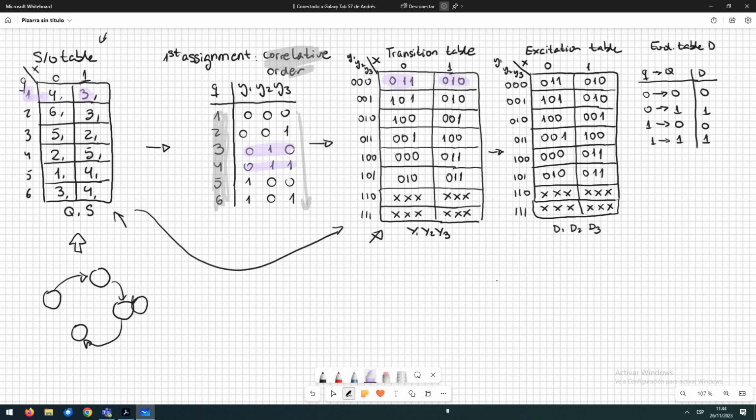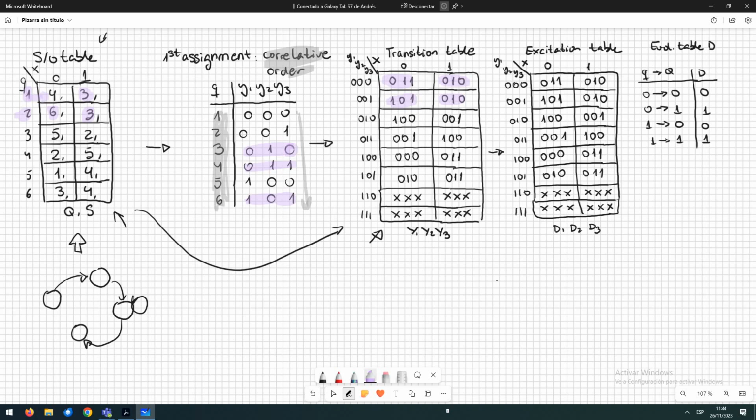For state 2, the next state with the input 0 is 6. 6 in the table is 101. So I write 101. For state 2 and input 1, the next state is 3. So 3 is 010. So we continue just filling the table using the codification we have decided for every state.